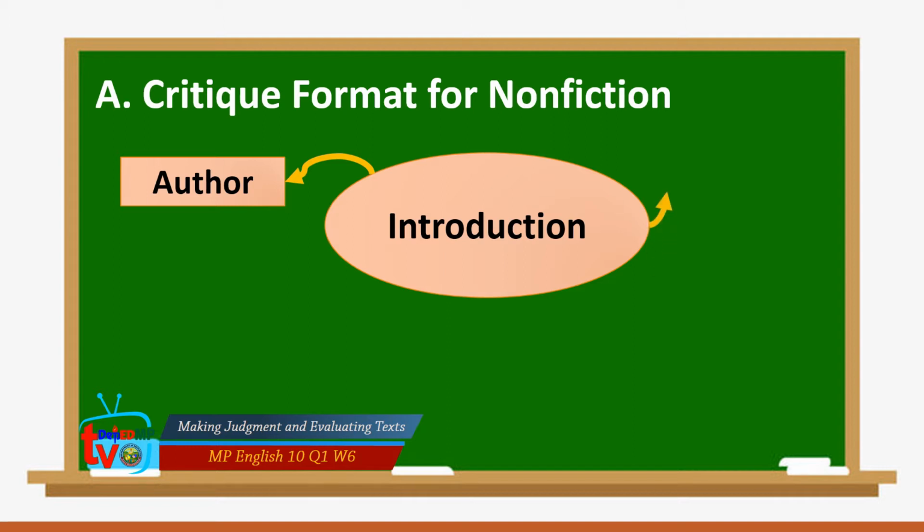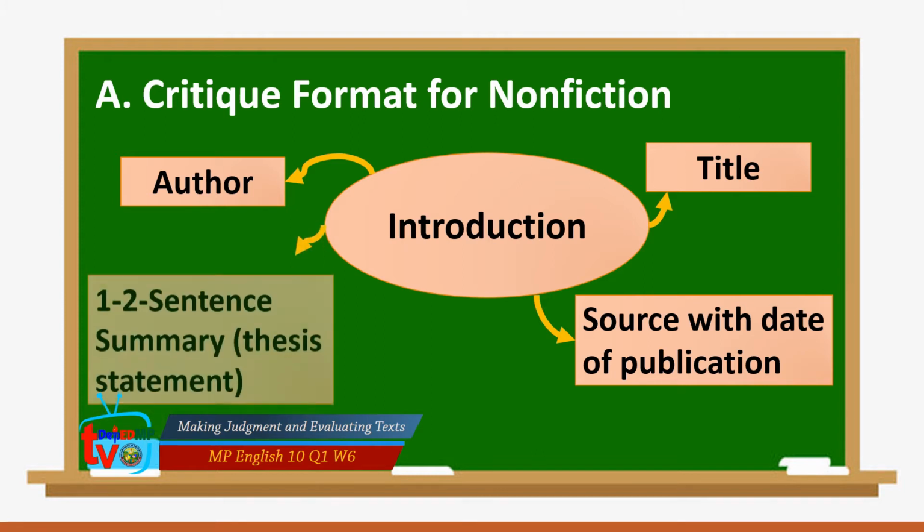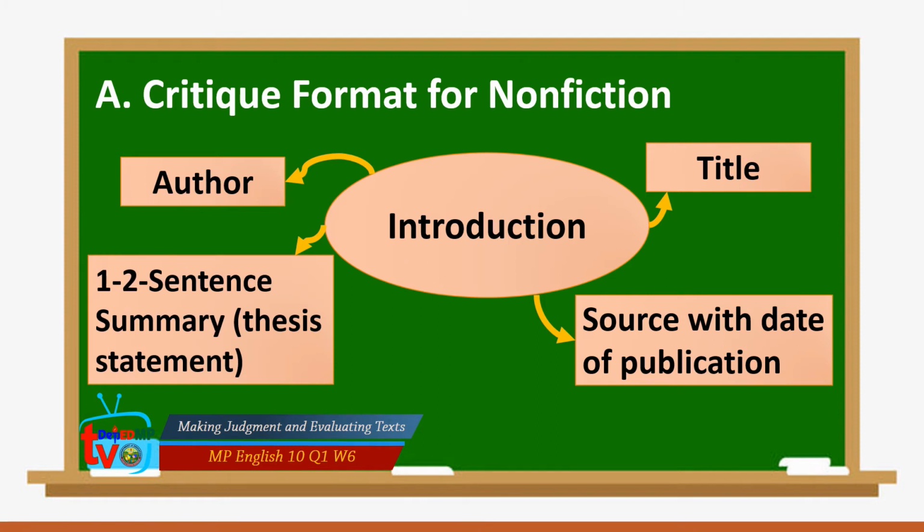You need also to state the title of the work and the source along with the date of publication. Also, polish the 1 to 2 sentence summary of the work that you have developed earlier and add it to your introduction. This leads up to your thesis statement, or what we call the main idea or the main point.